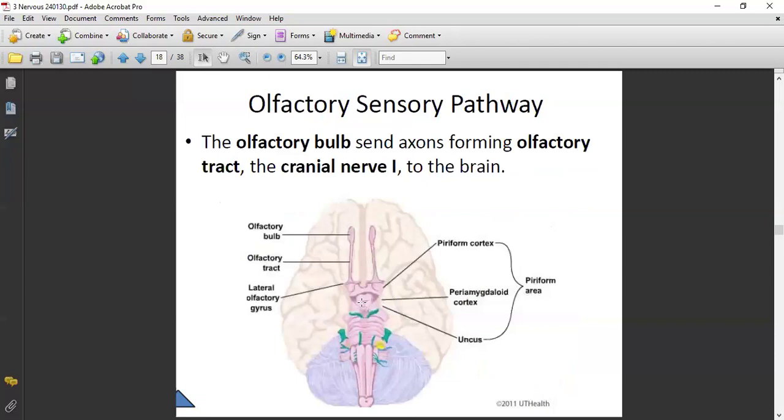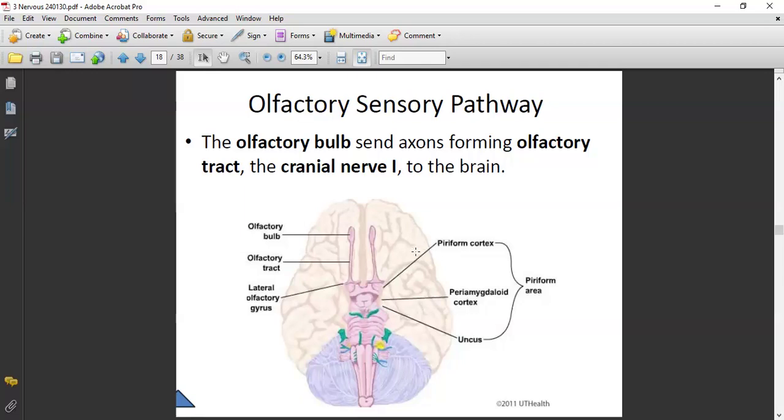So let me show you this one here. Here are the olfactory bulbs. If you look at the brain from the bottom up, you see those olfactory bulbs. And the olfactory bulb will then send these axons all bundled together as an olfactory tract. These olfactory tracts are cranial nerve 1.